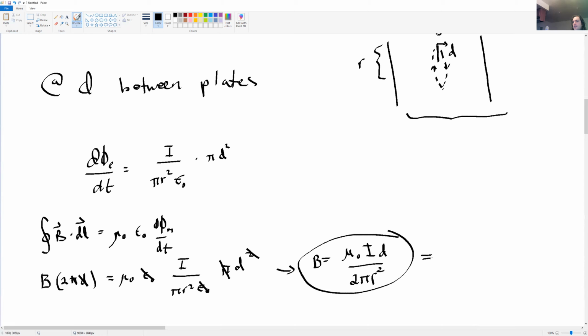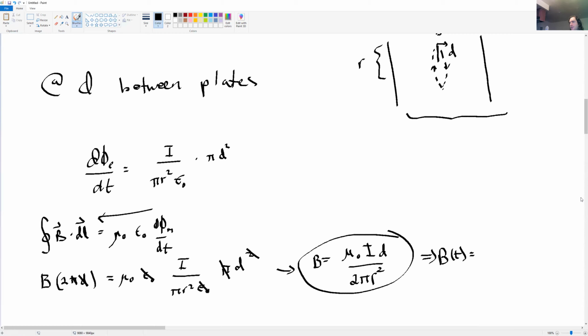And of course, this depends on time. So really it's B of t. The current depends on time. Nothing in the integrals in Maxwell's equations involves integrals over time. There are never integrals over time in Maxwell's equations, only ever derivatives with respect to time. So a lot of times the time dependence just sneaks through everything.